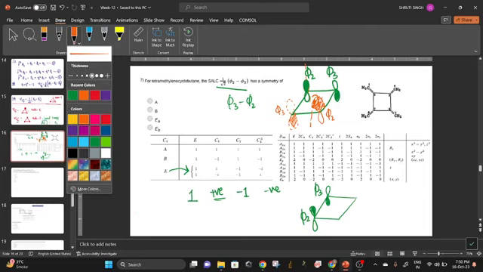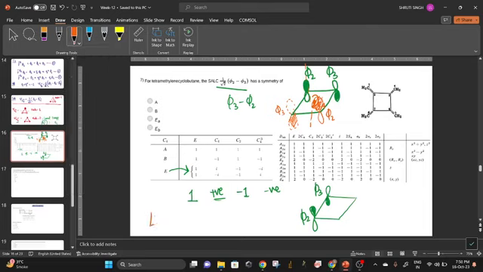So we can say that it is of symmetry EA, the first one. If this is EA, this is EB, then we can say that phi 2 minus phi 3 is of symmetry EA. So that's how we can answer this. Or the other method is by using the projection operators, but that will be a lengthier method. So like this we can guess the symmetry of this easily.